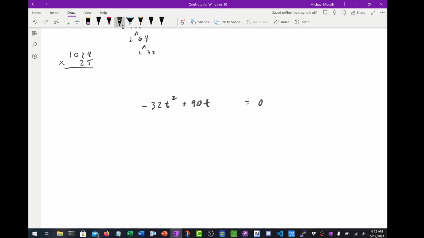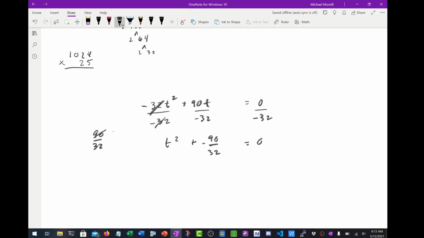So now I'm just going to divide everything by negative 32. I'm still going to try to complete the square, but maybe this will make my math easier. So now I have t squared plus negative 90 over 32 equals 0, because 0 divided by negative 32 is 0. Let's see what we can do with 90 over 32.